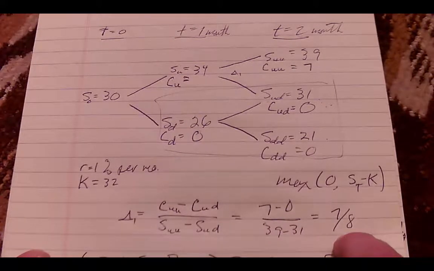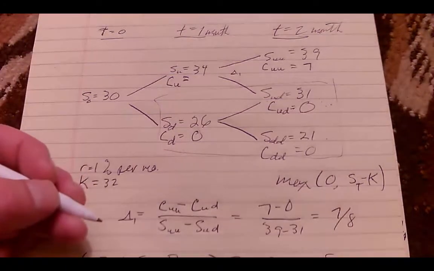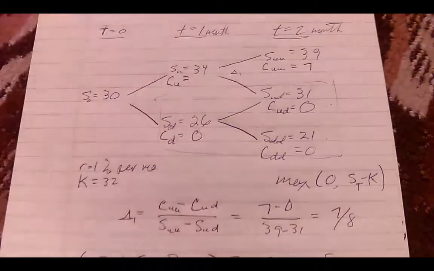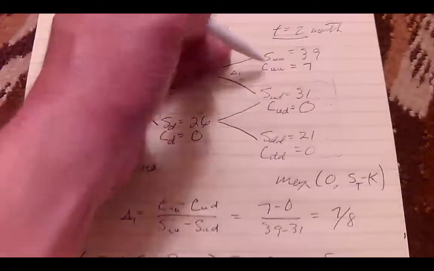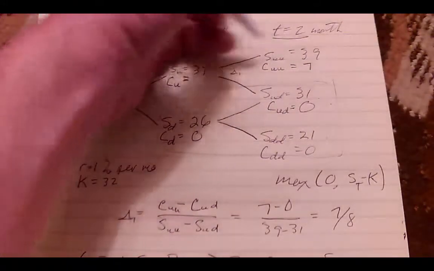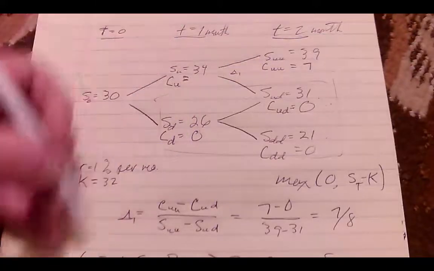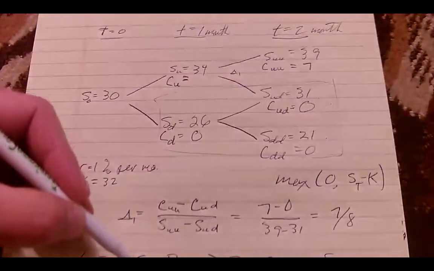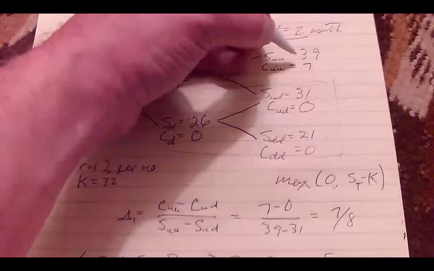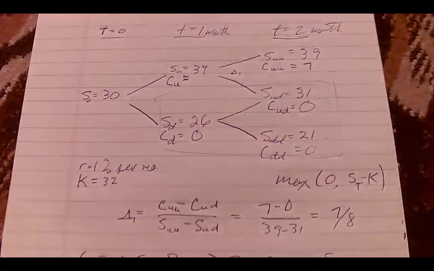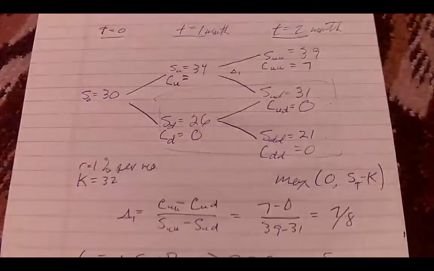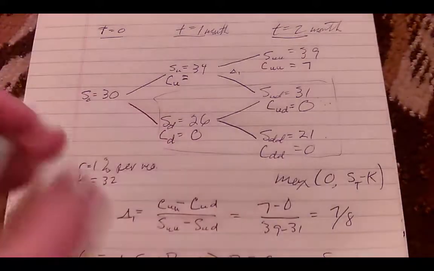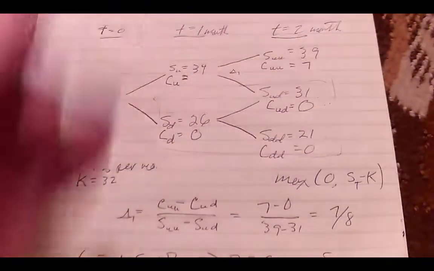Now we can use that delta to solve for B. We have the choice of which data to use. If we go up, we say call up would be delta 1 times S up plus B1. Rearranging, B1 is call up, which is 7, minus the delta we just calculated, 7/8, times S up, which is 39.